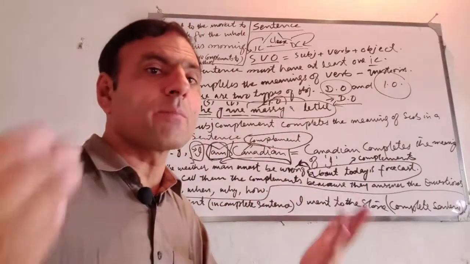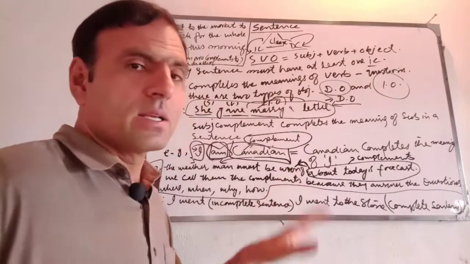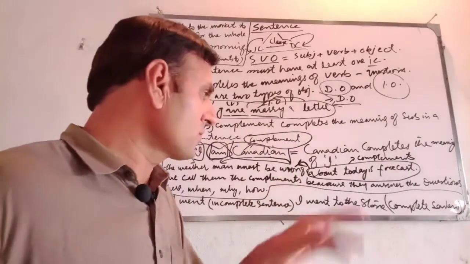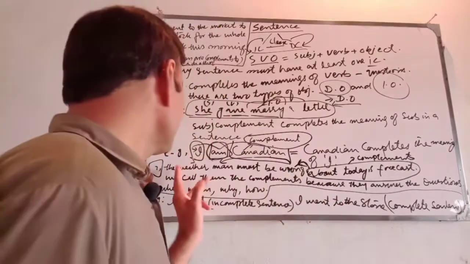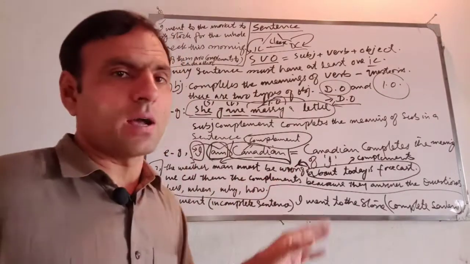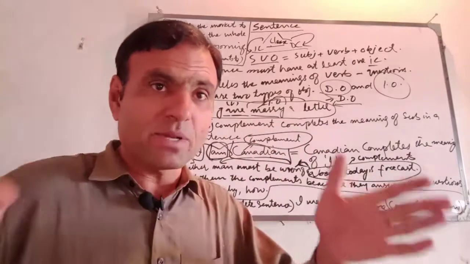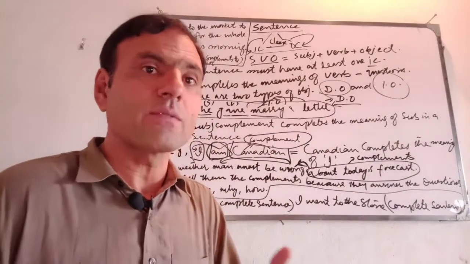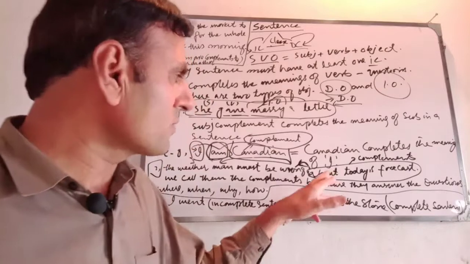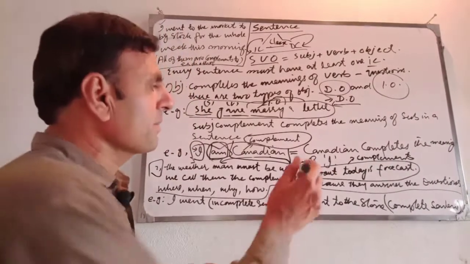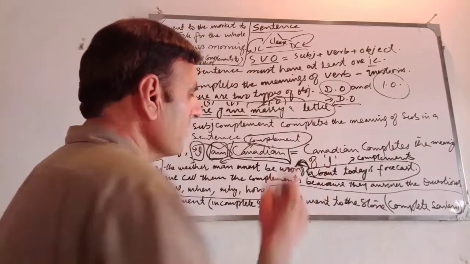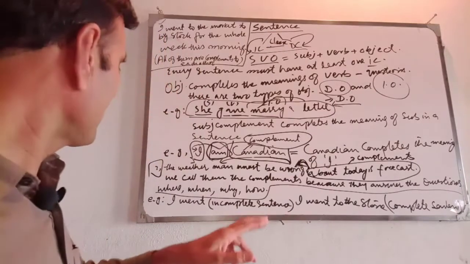This "wrong" needs a complement. If we say the weatherman must be wrong, wrong about what? This needs an explanation: he is wrong about today's forecast. That's why "about today's forecast" is the complement of "wrong."